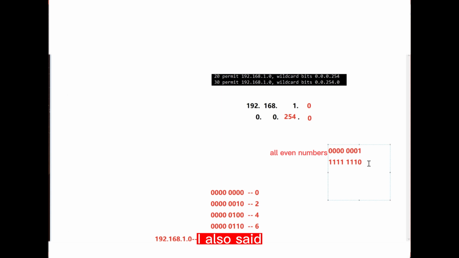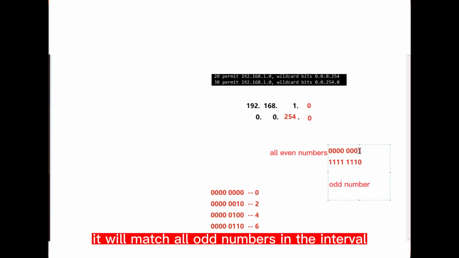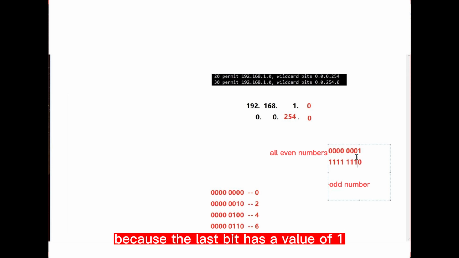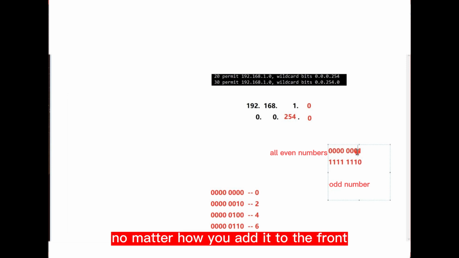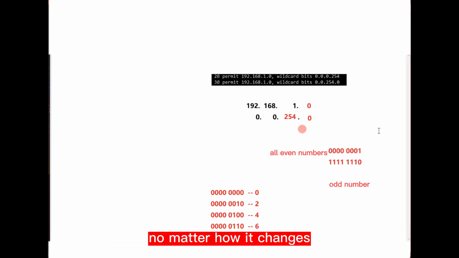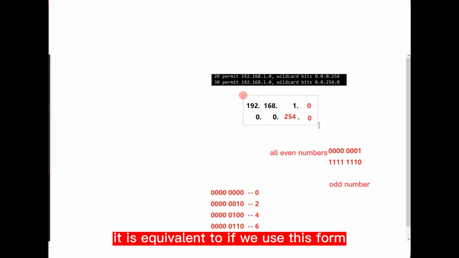As I also said, it will match all odd numbers in this range, because the last bit has a value of 1. No matter how you add to it, the front is mutable and no matter how it changes, it is an odd number. It is equivalent to if we use this form.